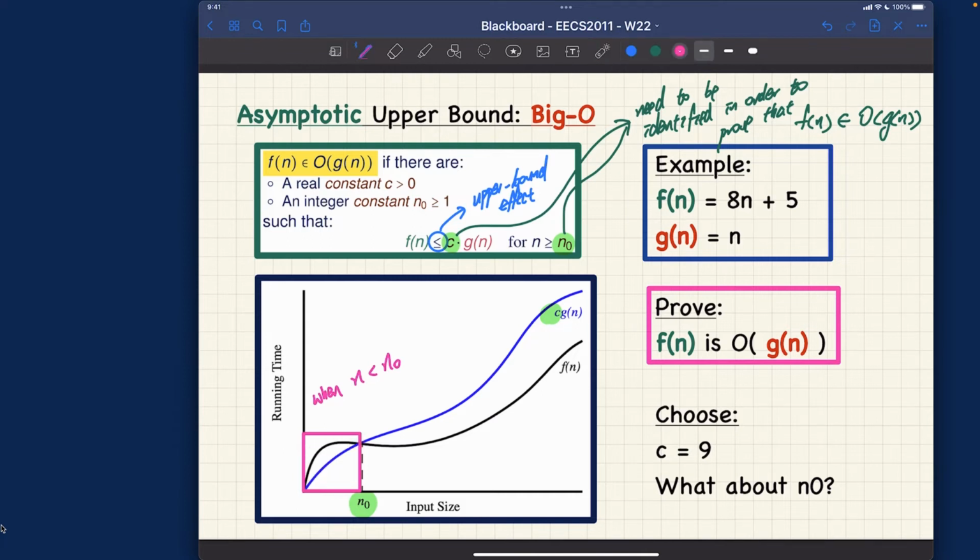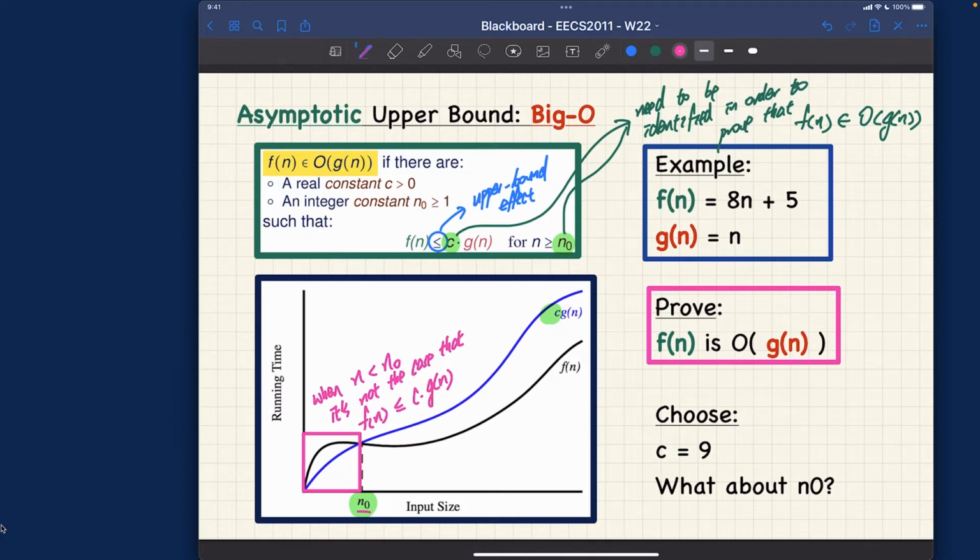It is not the case that f of n is less than or equal to c times g of n. It's simply not the case, because you can see c times g of n is actually strictly less than f of n. So the upper bound effect is not really occurring before n0. That's why you are supposed to identify the starting point.